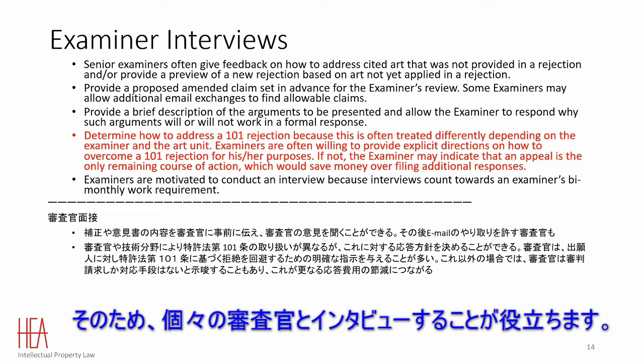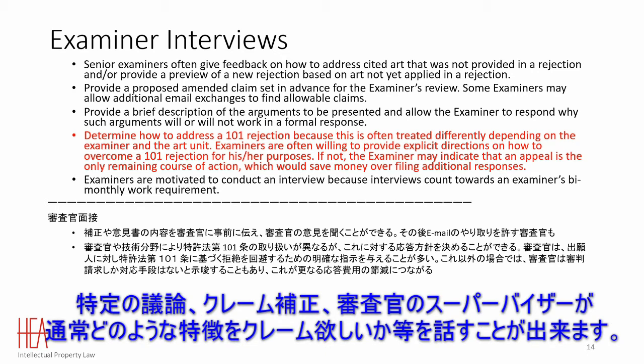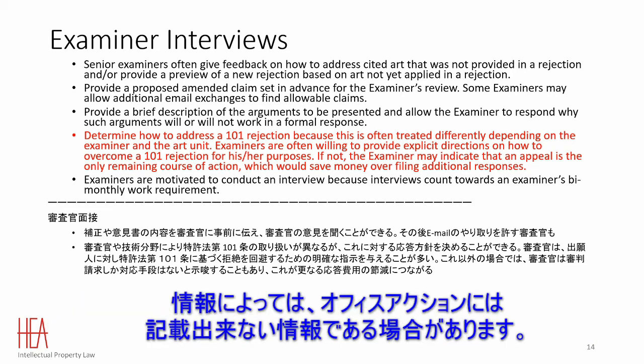So if we could have an interview and talk to this individual examiner on what it will take to get this allowed, what claim amendments would help move this thing forward, what the examiner's supervisor wants to see in order for the supervisor to sign off on this, that's all stuff that is very good to put in an interview, whereas sometimes the examiner is not going to be able to write this out in an office action.